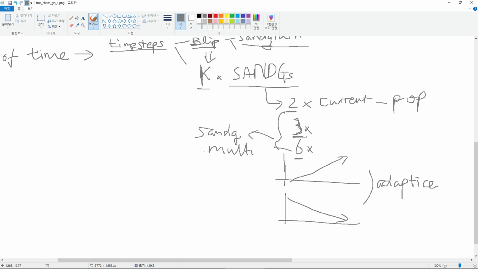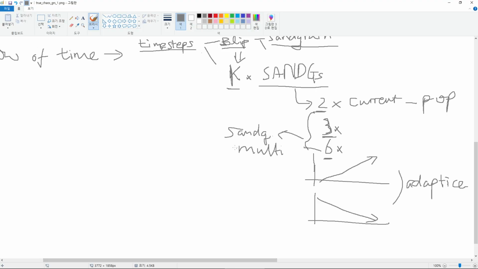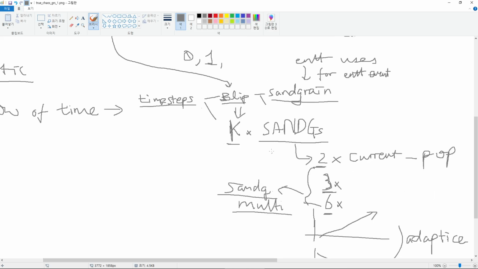Yeah, and the whole purpose of adjusting the sand grain multiplier, and therefore adjusting the number of sand grains, and therefore adjusting the number of entity events that entities could do per blip, which as a result would determine how long an iteration is.